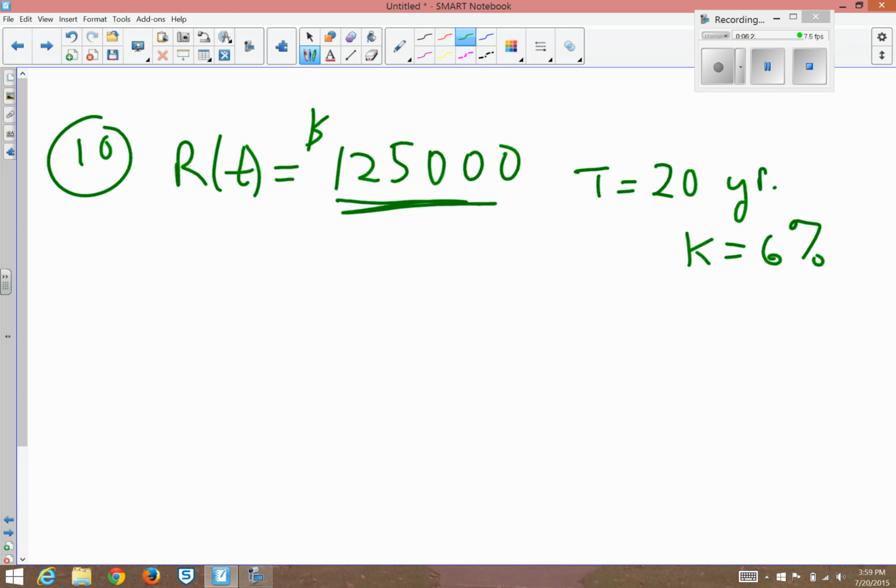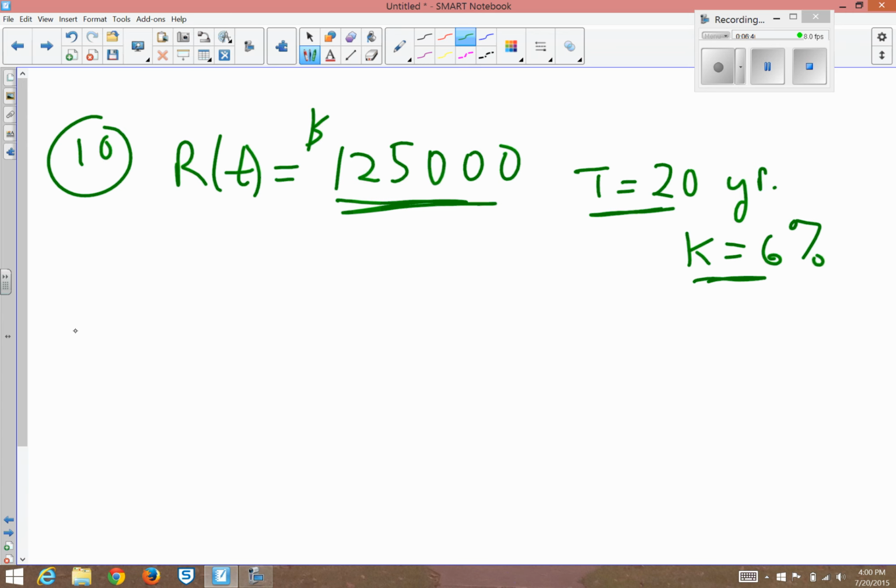This is a rate. For the given time t at interest rate k, compounded continuously, round to the nearest $10. They ask us to give the answer to a multiple of $10, not the nearest dollar or the nearest cent.